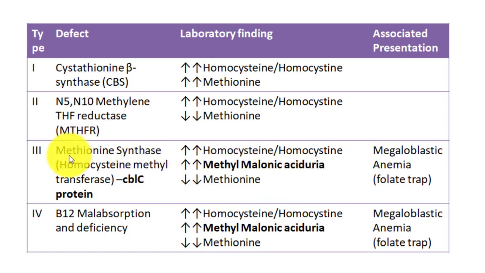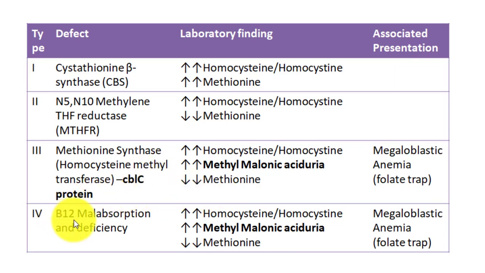This is because of methionine synthase, a vitamin B12 dependent enzyme deficiency. So you may find methylmalonic aciduria, and along with that, because of vitamin B12 deficiency, you can have associated megaloblastic anemia. So if there is a vitamin B12 associated problem, there will be more presentation in addition to homocystinuria.